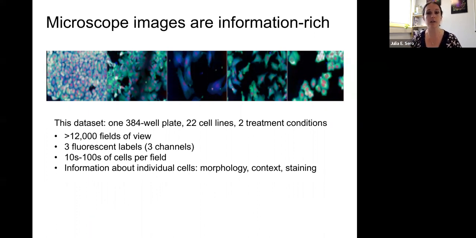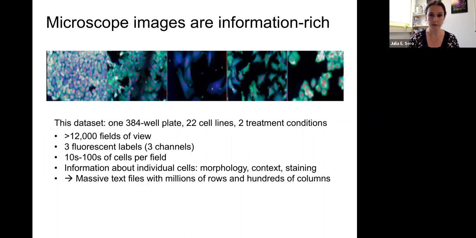We look at things like their morphology, their shape, we look at their context, how many neighbors they have around, and then we look at all of the things that we have stained using molecular dyes or immunofluorescence. What we get out of this are absolutely massive text files with anywhere from thousands to hundreds of thousands to millions of rows, and anywhere from dozens to hundreds of columns.